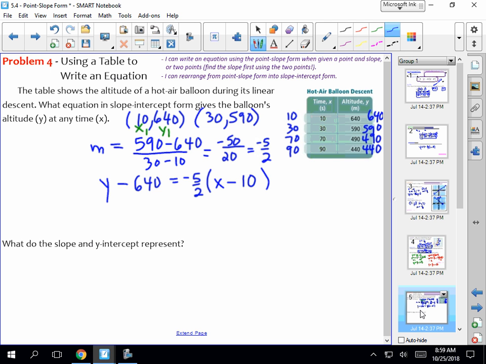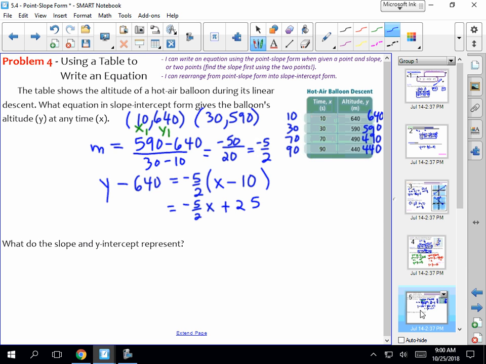Now they did say they want the equation in slope-intercept form, maybe so that they can plug it into a graphing calculator or software and graph it. So here's what we do to write it in slope-intercept form. We distribute the slope. Let's do this together here. Negative 5 times negative 10 is 50 divided by 2, 25, so you can just do that in your head.